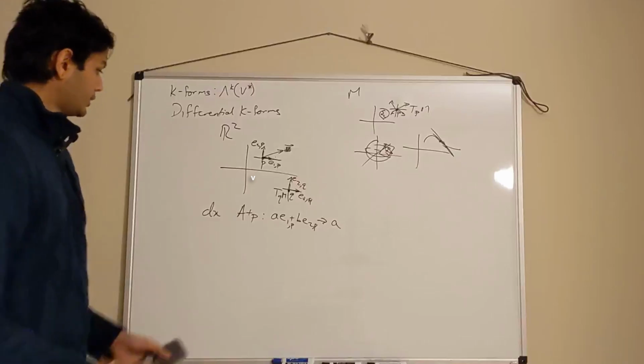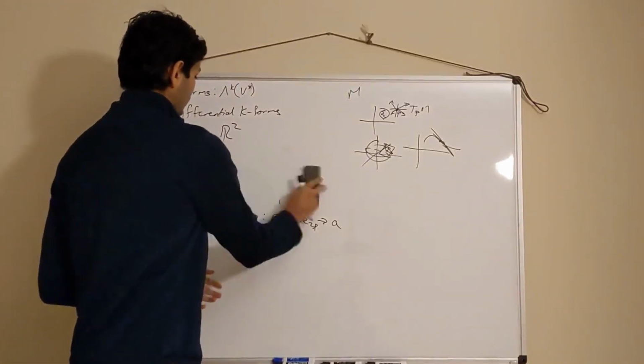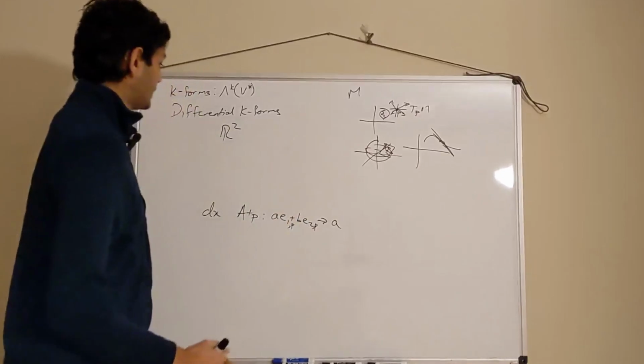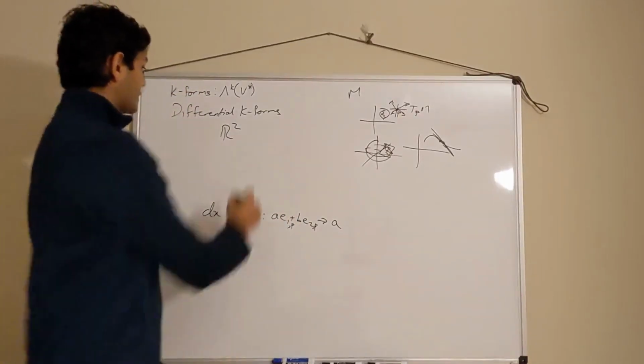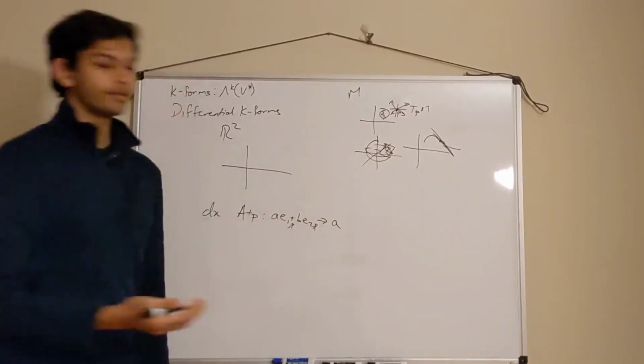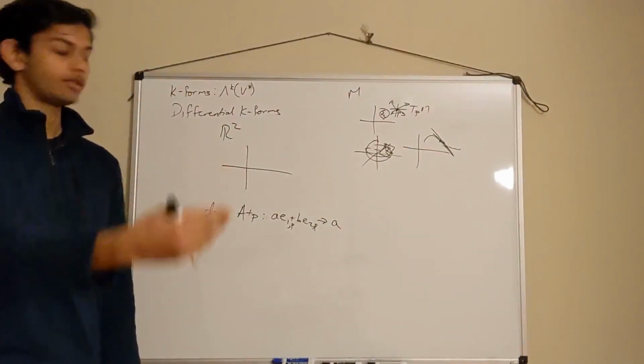So for example, what we can do is, if we have a differential form like dx, then we can evaluate it on a vector field, because a vector field is a vector at every point.